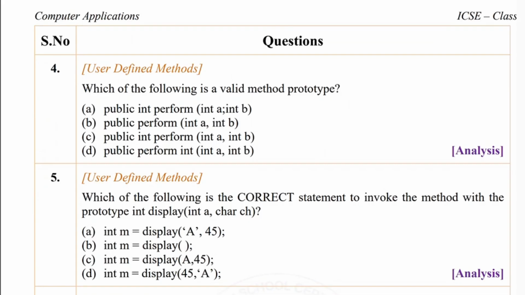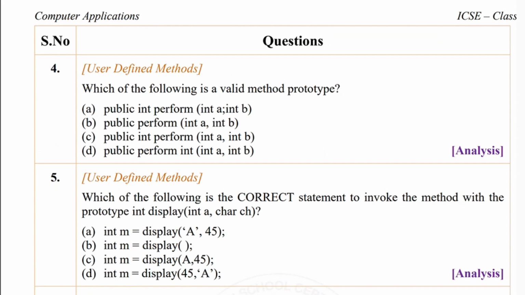Which of the following is a valid method prototype? Method prototype contains your return type, method name, then parameter list.